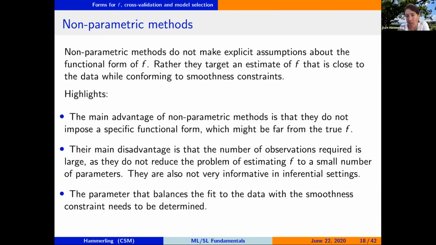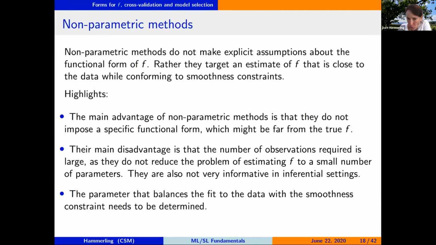Especially in linear models, for many of the applications that you work with, there are probably extreme non-linearities happening. So just using a linear model would be a very strong restriction of what you could possibly learn from the data. The disadvantage of this type of modeling approach is that you need a lot of observations to actually get a good estimate of what F looks like.